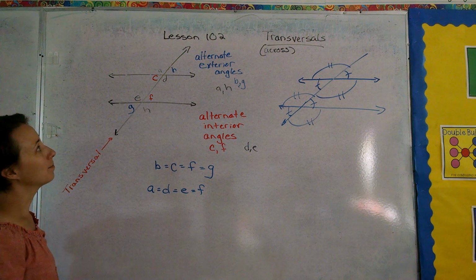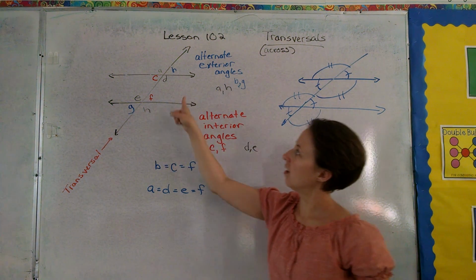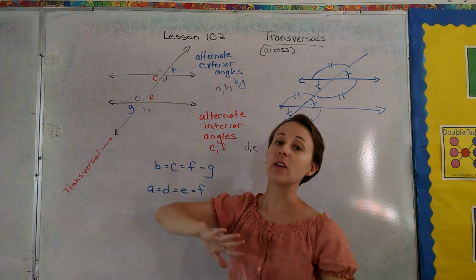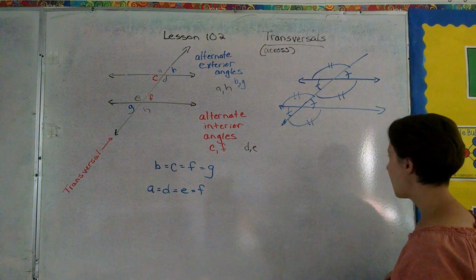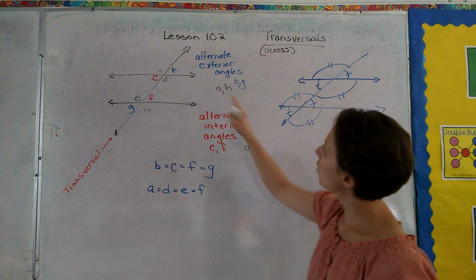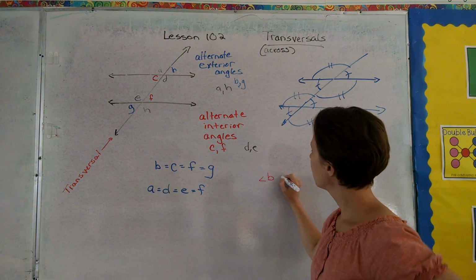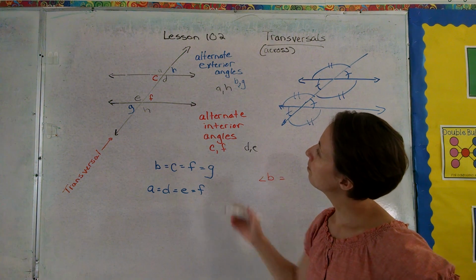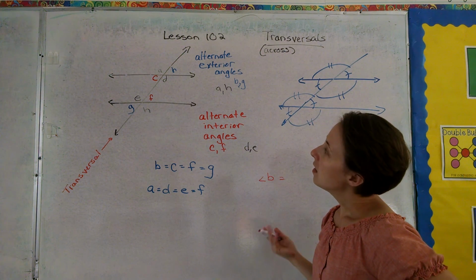Here's why that's awesome. If I know the measure of only one of these angles, I can figure out all the others. For example, let's pretend that angle B is, let's see, it's less than 90. It's an acute angle. Let's say it's 60.